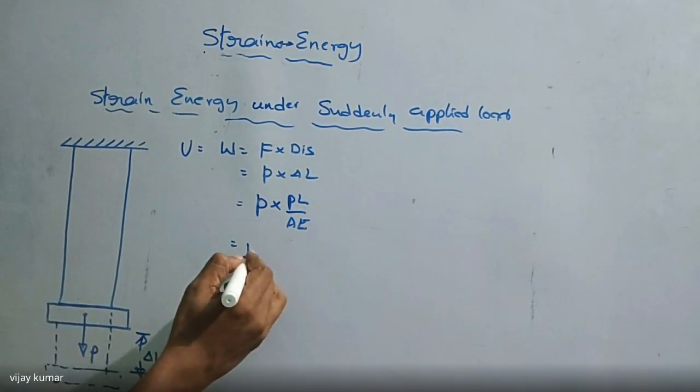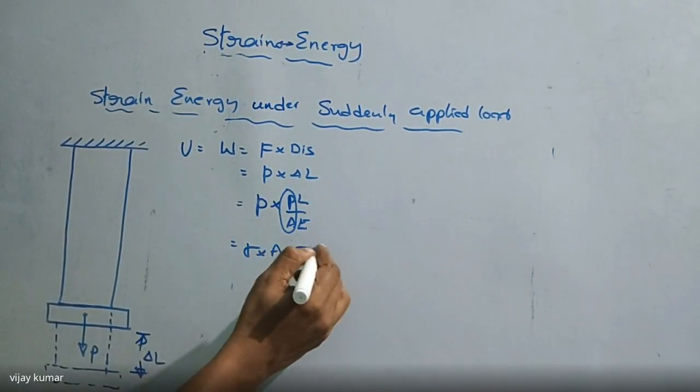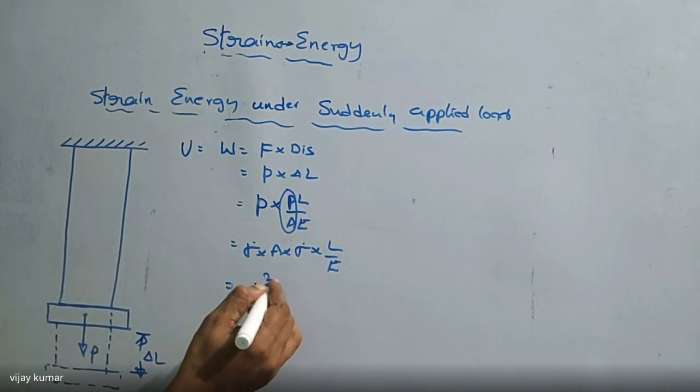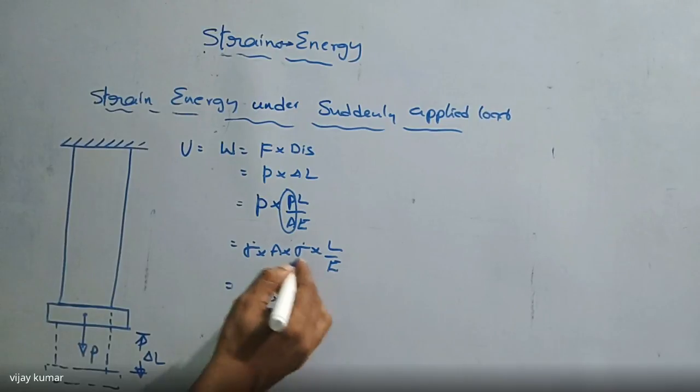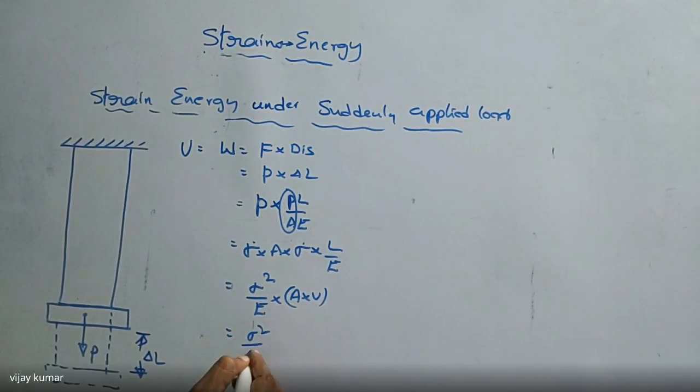Then I write sigma into area, and this is sigma into L by E. Then sigma into sigma is sigma square by E into area into length, that is sigma square by E into volume. So this is the value of strain energy in suddenly applied load.